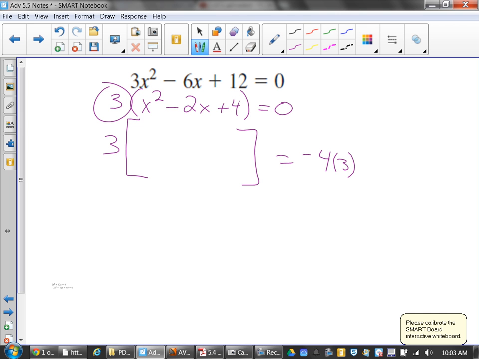Bringing the 3 over with it keeps it balanced. If you divided everything by 3, it would still be balanced. I see where you're going with it, but what we're doing here is we're trying to pare this down into an equation. And if you get rid of the 3, then when I get into my completing the square part, I don't have it as a factor of 3 anymore. So I need to keep this 3 here and here.